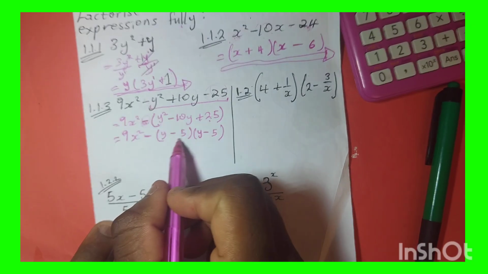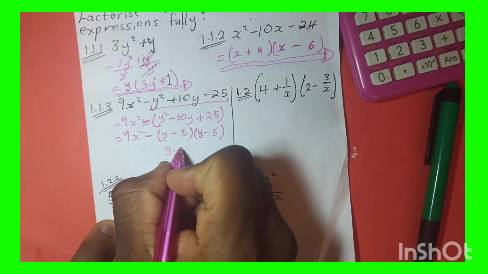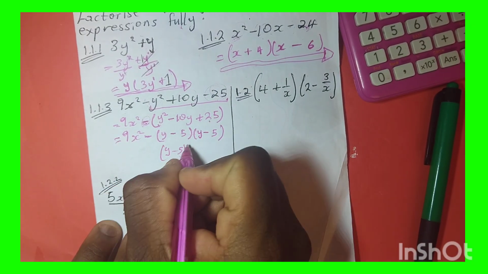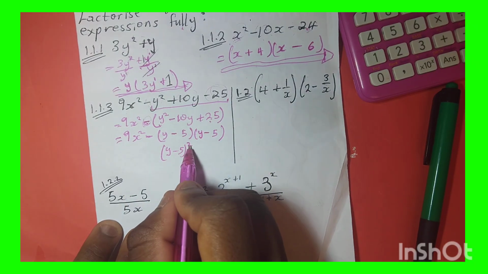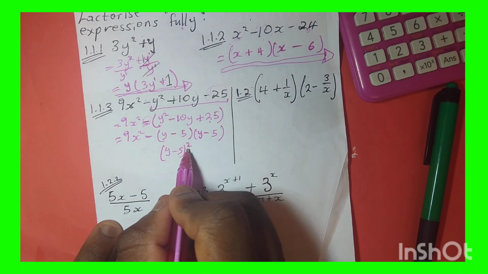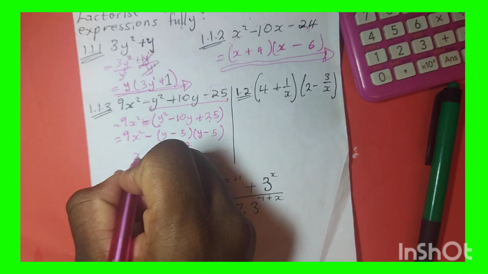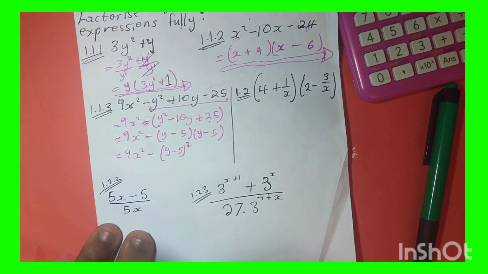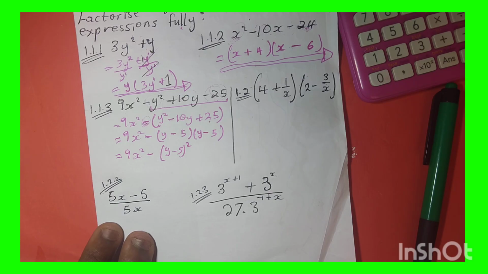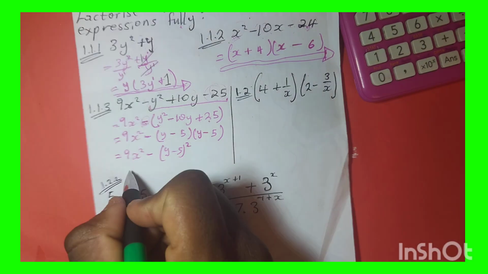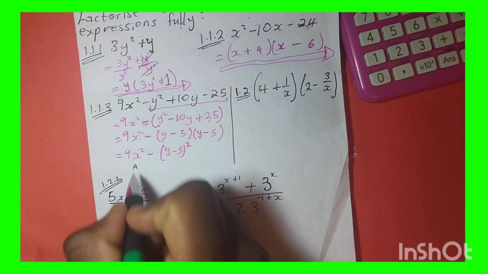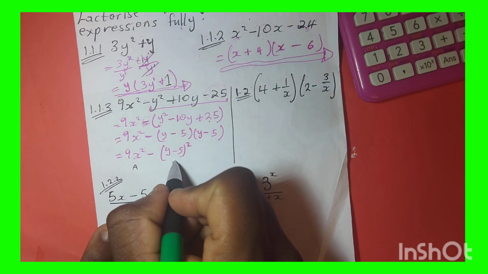Because it's twice, you can write it like this. That exponent represents that it's twice. You can write it like this: x² minus 9. By doing that, you are now applying difference of 2 squares to this question. If you notice, this is your first term, which is a, and that is the second term, which is b.